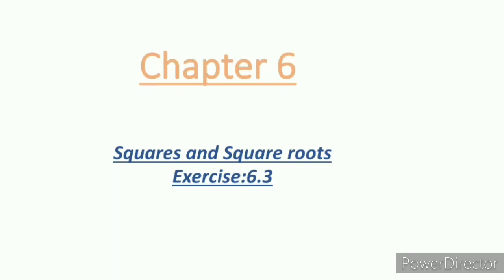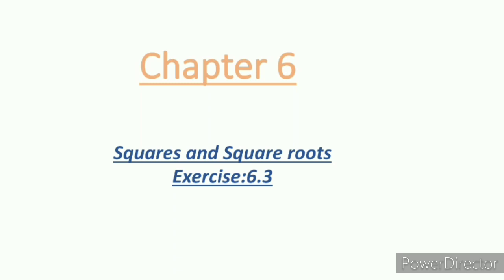Hello students, today's class we are going to continue exercise 6.3 of the chapter Squares and Square Roots. Yesterday's class we learned how to find the square root of perfect square numbers in two different methods.